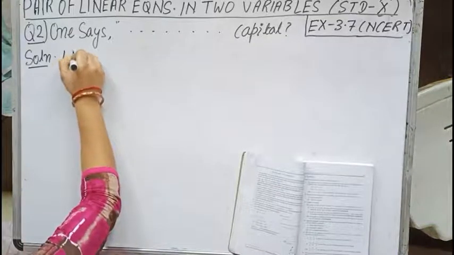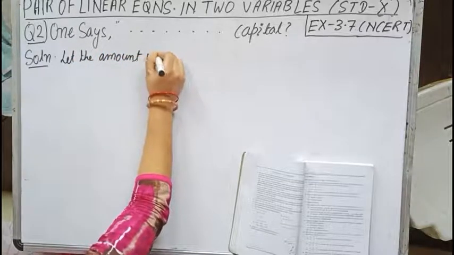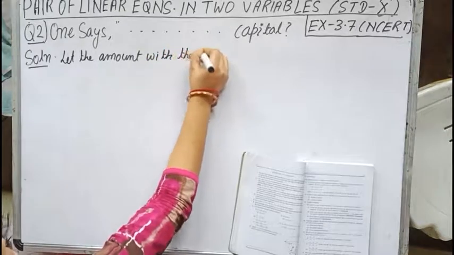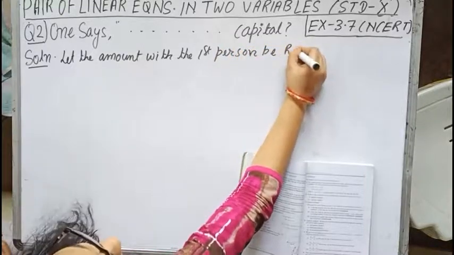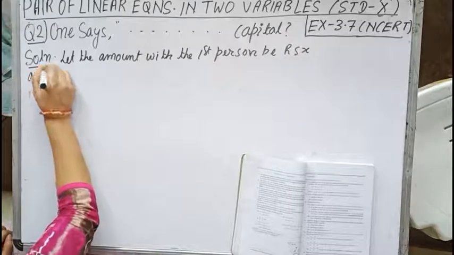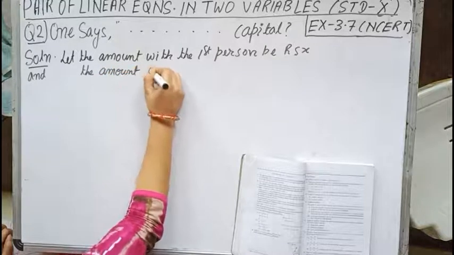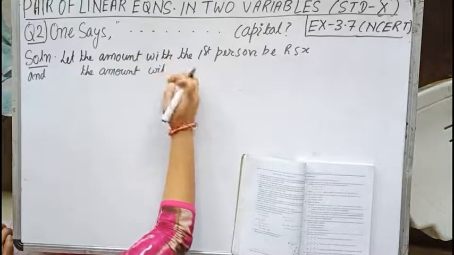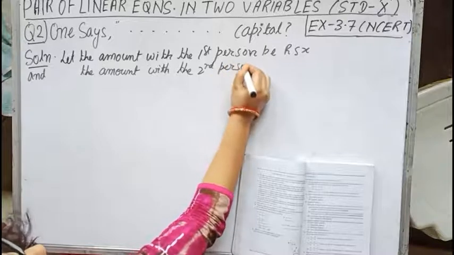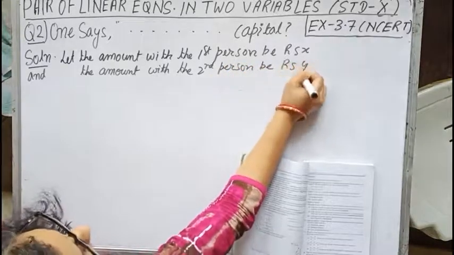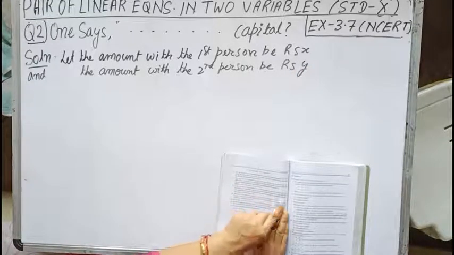So let the amount with the first person be rupees X and the amount with the second person be rupees Y. Now the question is saying that give me 100 friend, I shall then become twice as rich as you.